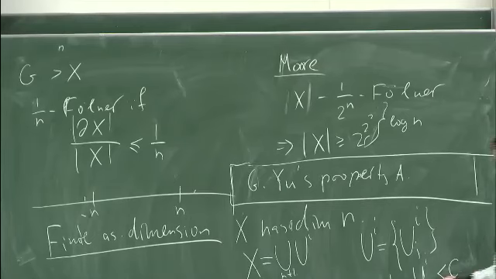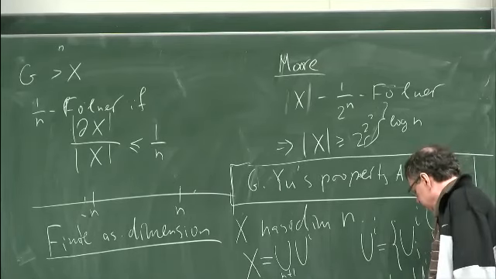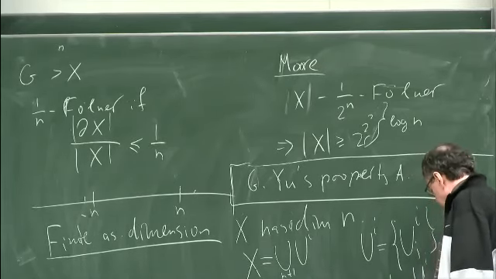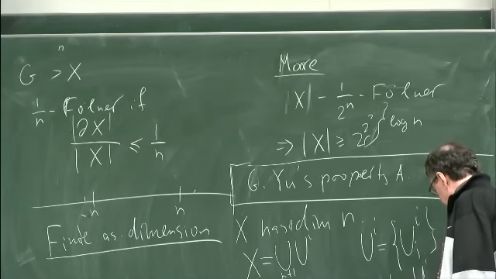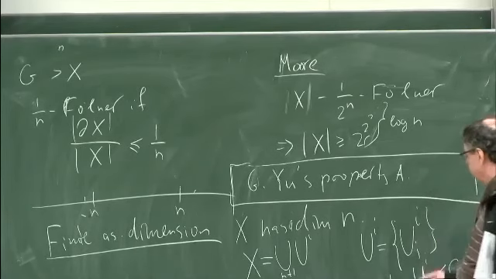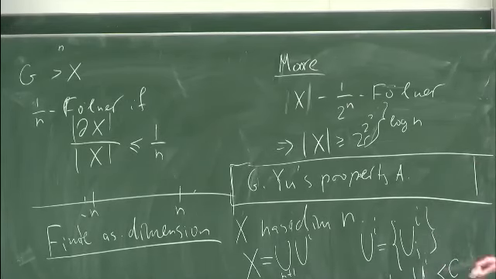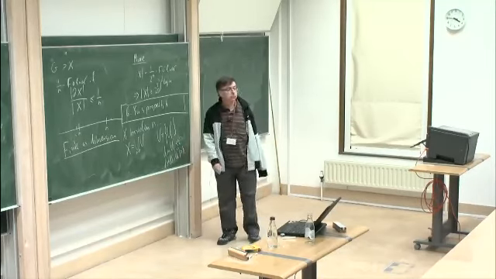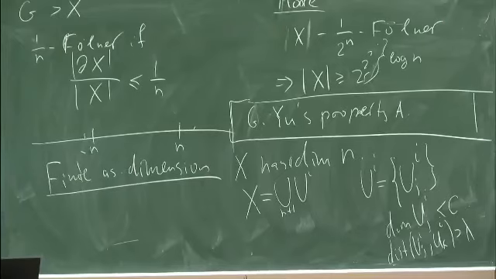And then the main property is that the distance between U_ij and U_ik, the distance between any two subsets in one family, should be bigger than any number lambda given in advance.